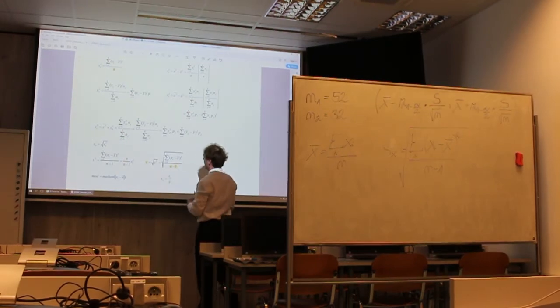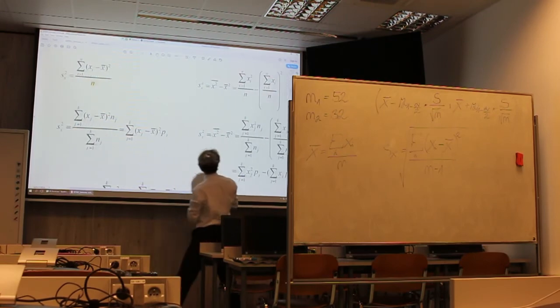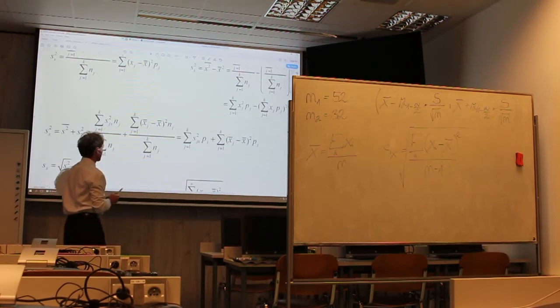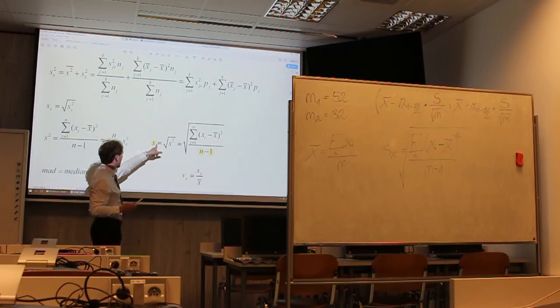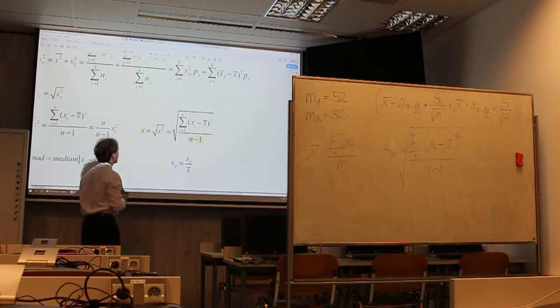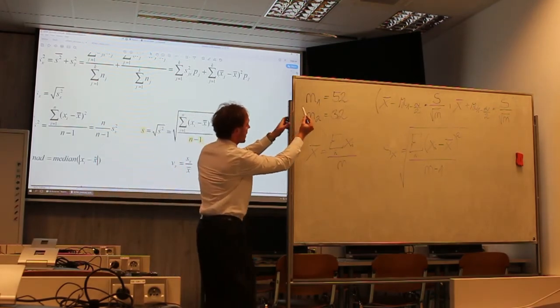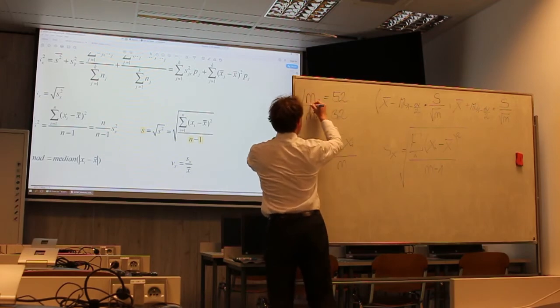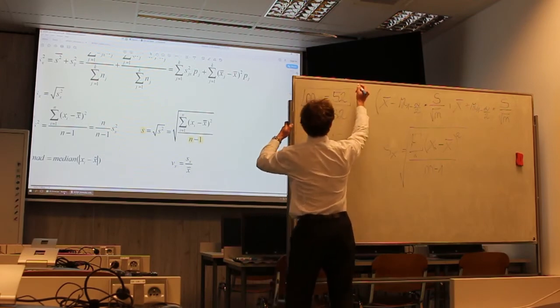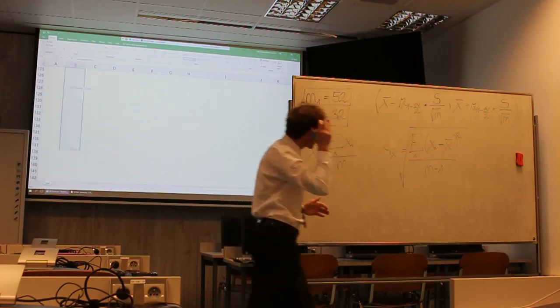The standard deviation calculated from the sample, S, is the square root of S squared, the square root of the sample variance. Variance is every time unknown in these examples, because we have two independent samples, n1 and n2, females and males.